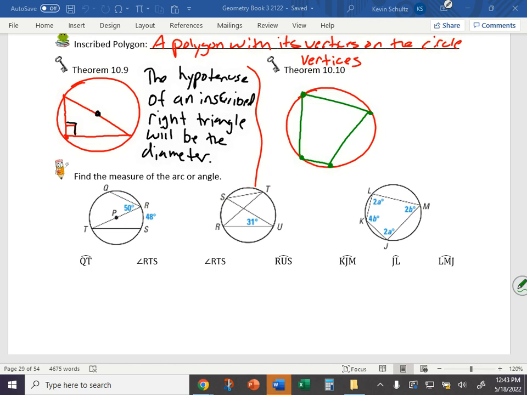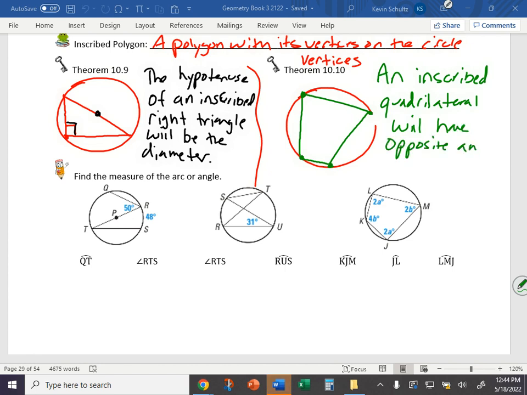And Theorem 10.10 says that an inscribed quadrilateral will have opposite angles that are supplementary.